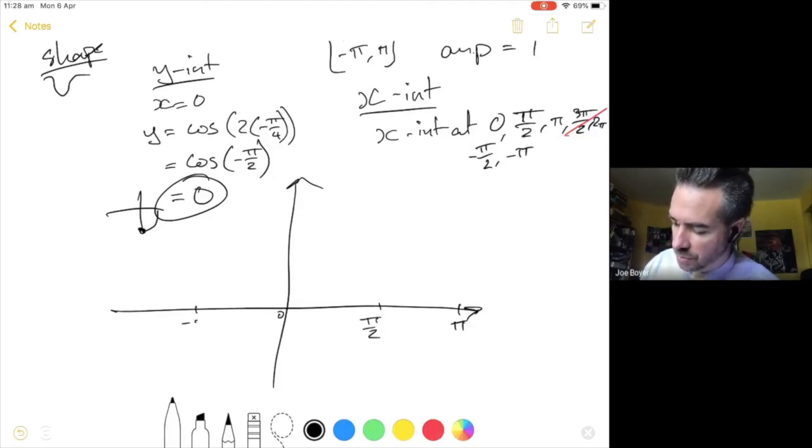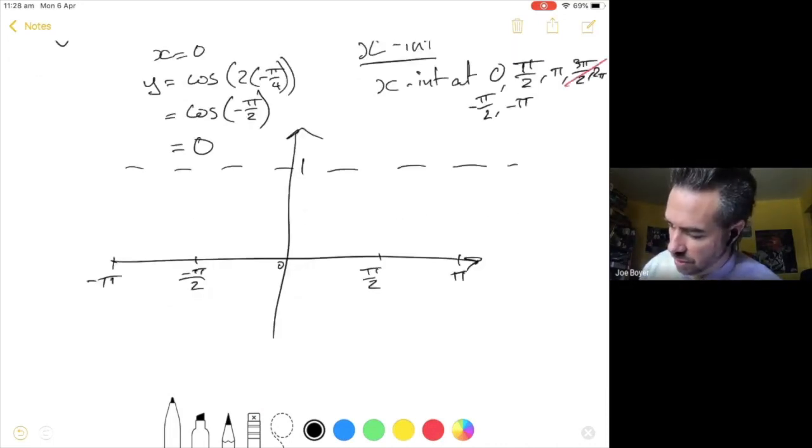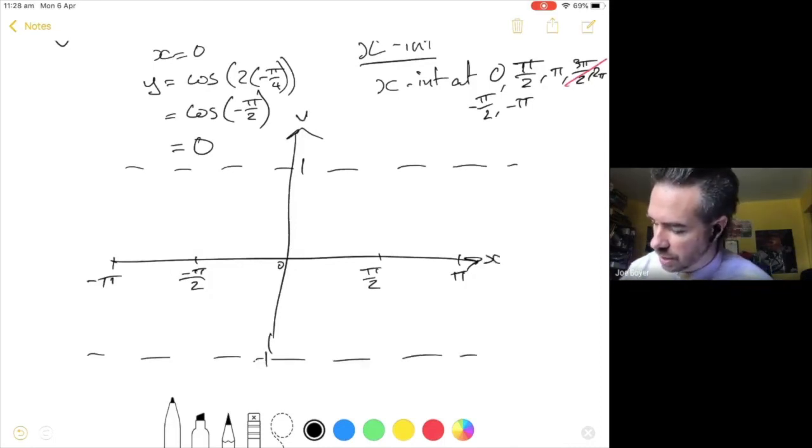That's negative pi on 2, and that's negative pi. I'll just rub out some of that information just so it doesn't take up quite as much space. I'll put in my maximum value at 1 and my minimum value at -1. Label X and Y axes.